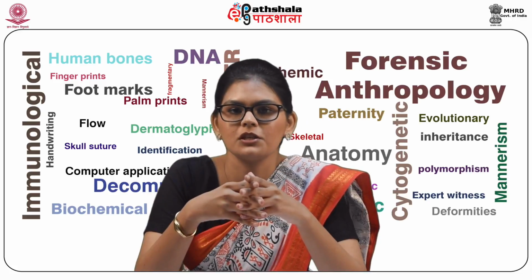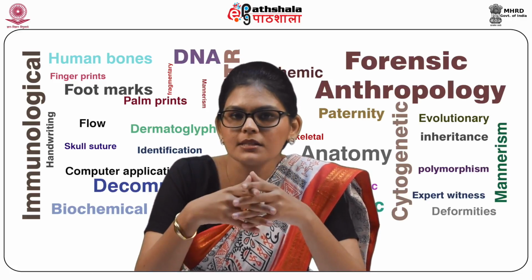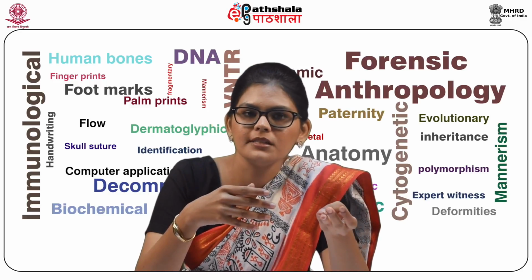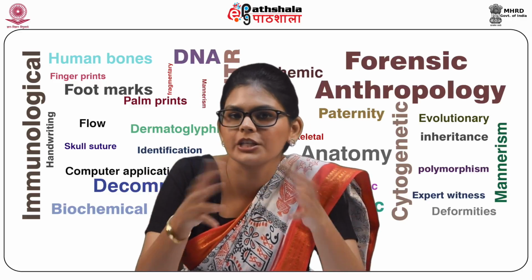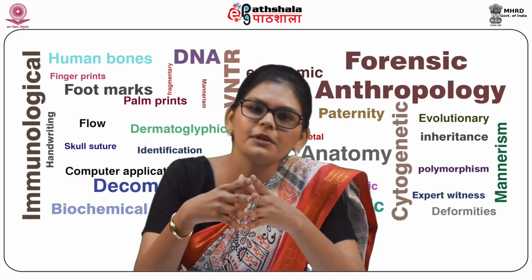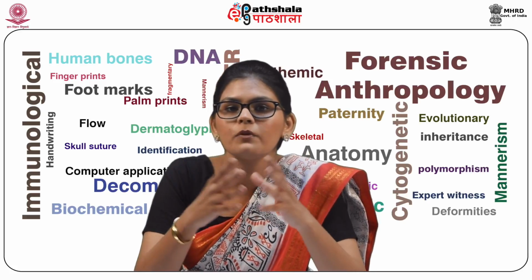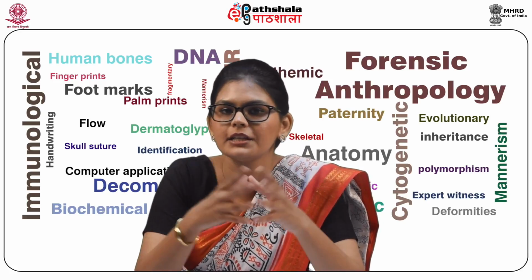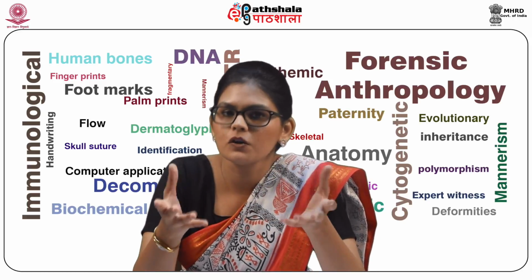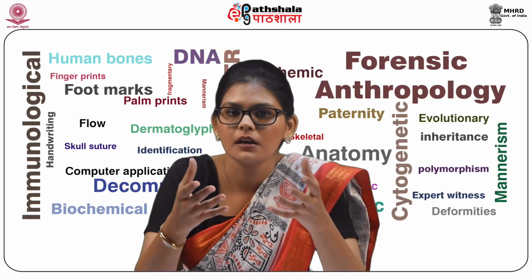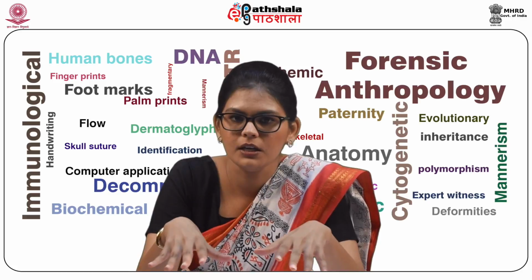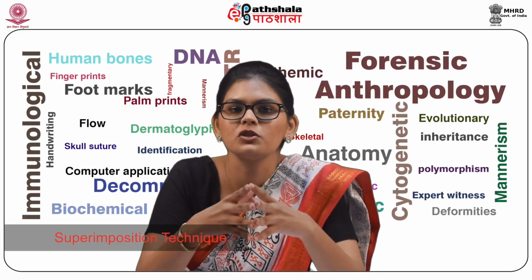Identification can also be ascertained from tattoo marks, scars, color of the hair, deformities, fingerprint and stature. The probable time since death can be determined from the decomposition stage of the mutilated and decomposed parts of the body. The cause of death can be determined by observing the presence of injuries on the body and the superimposition technique.